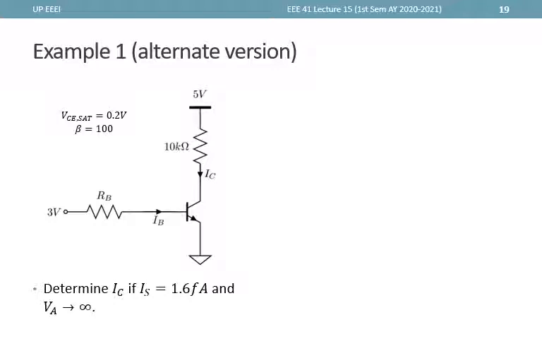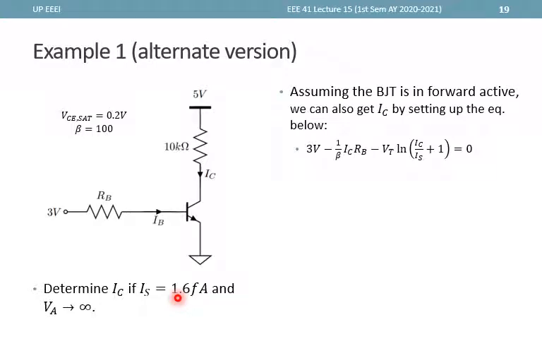Now, we present here an alternate approach to solving the circuit, still using the IS value. In the last approach, we solved first for VBE before solving IC, but in this approach, we can actually solve in terms of IC.